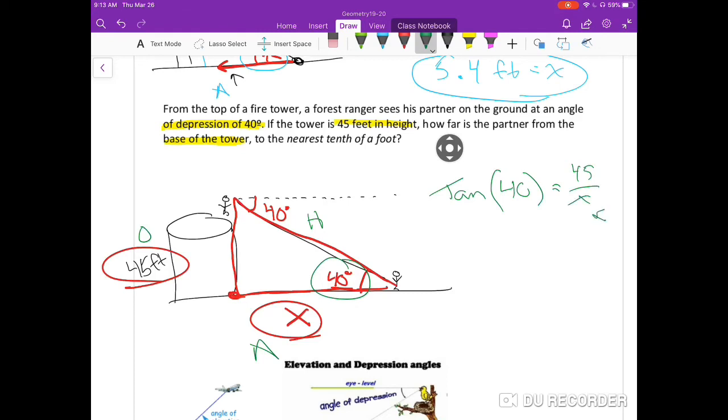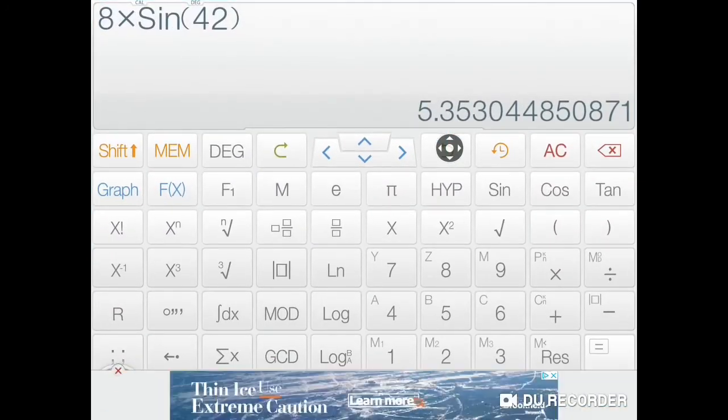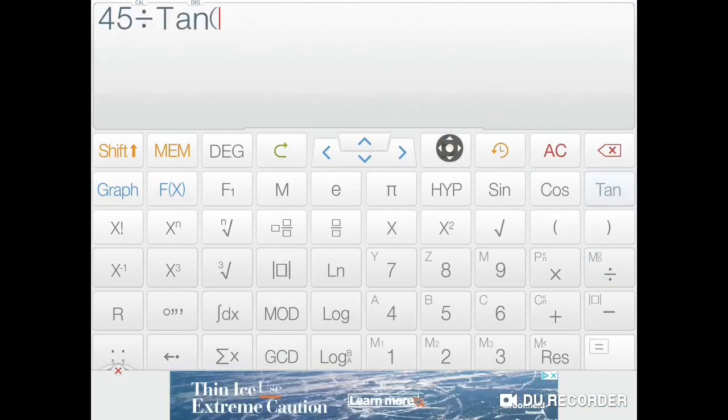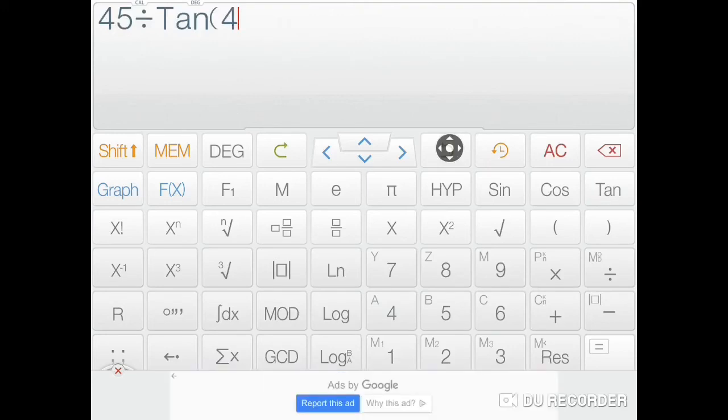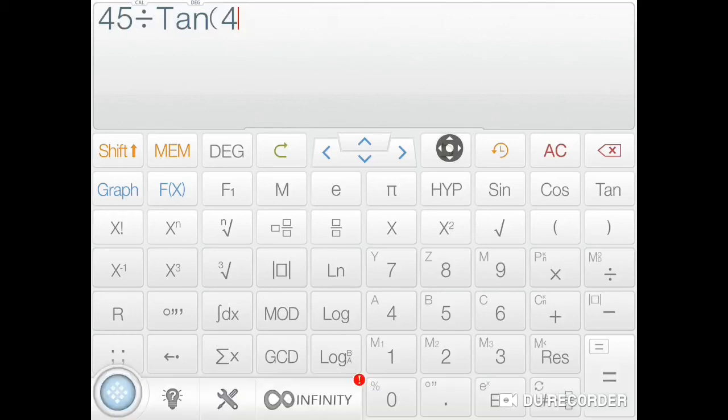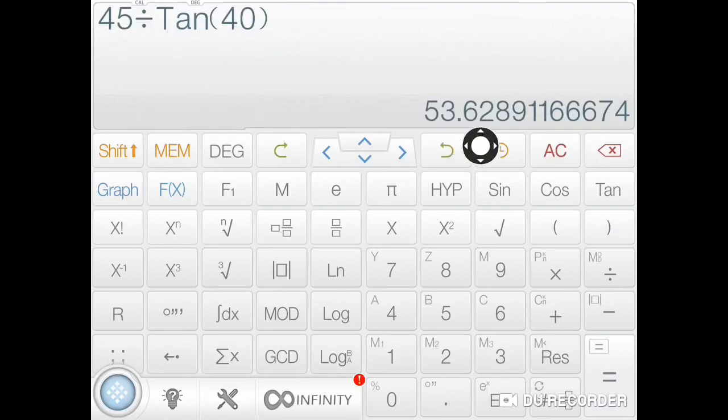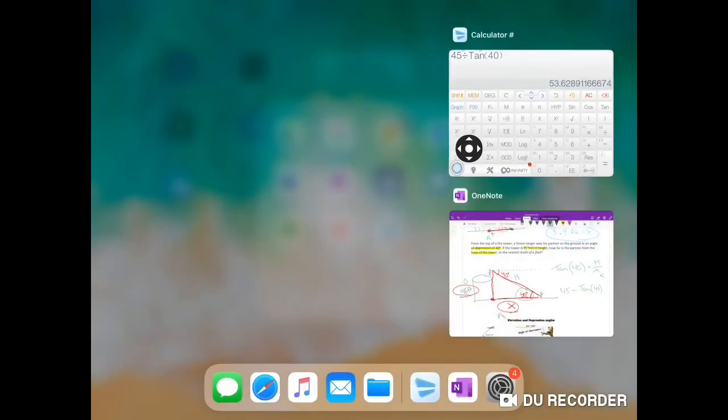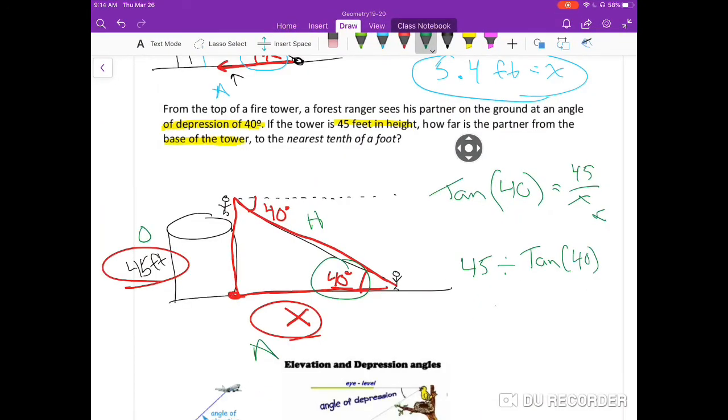My variable is on the bottom, so I'm going to divide 45 by tan of 40, and that's going to be my answer. Let me get my zero in here. Hold on one second. Okay, 53.62. The digit behind the tenths place is less than 5, therefore the 6 is going to stay. So 53.6 feet.